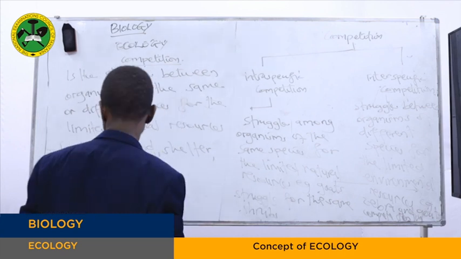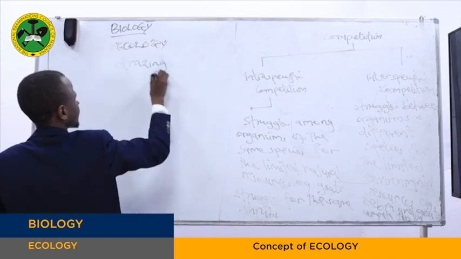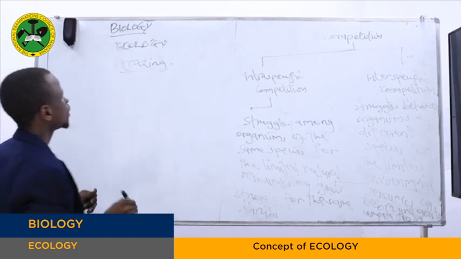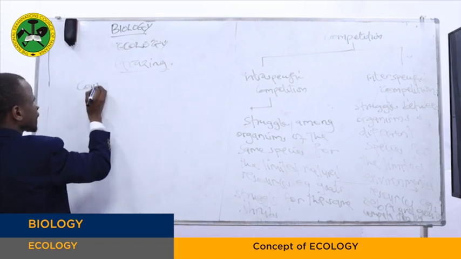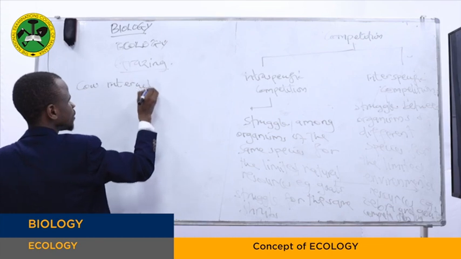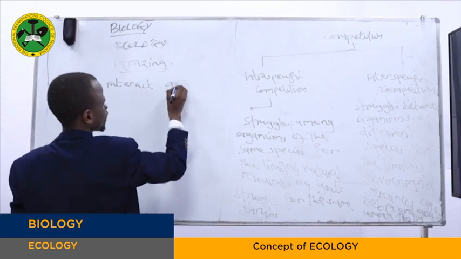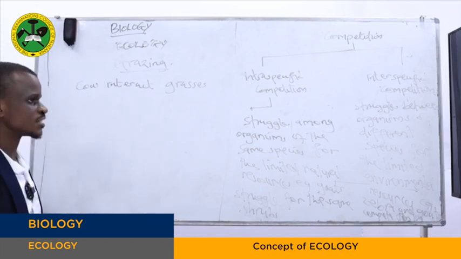My students, the last kind of interaction is called grazing. In grazing, a cow interacts here with the grasses, let's say, by feeding on grasses.